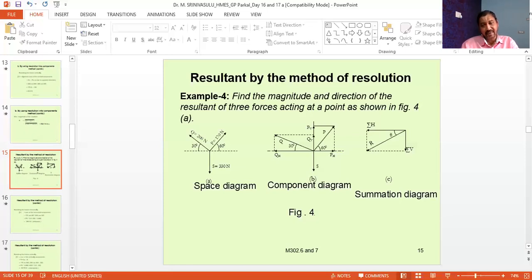Because the force P is acting in the first quadrant, cos theta and sin theta are both positive.